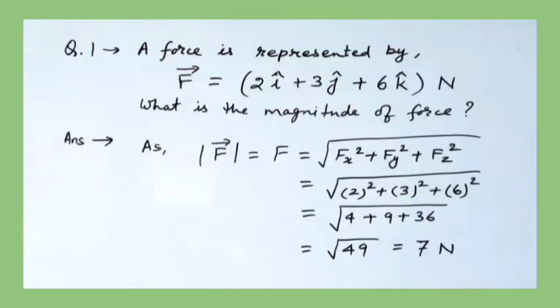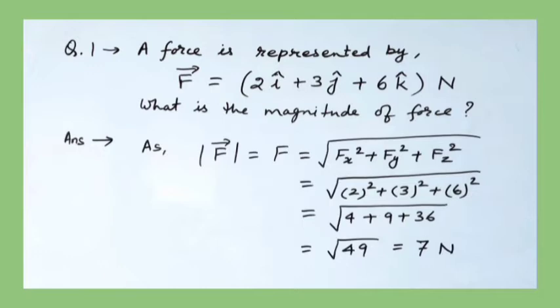The question is, a force is represented by vector F is equal to 2i plus 3j plus 6k Newton. What is the magnitude of the force? The solution is, the magnitude of force is equal to under root Fx square plus Fy square plus Fz square.